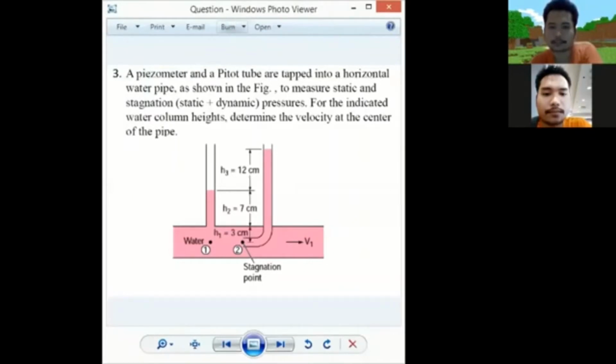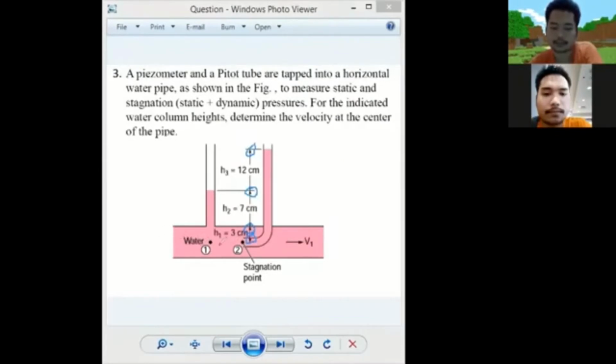center of the pipe. So we have been given 3 heights. We have the height over here in the bottom, 3 centimeter. At the center, we have 7 centimeter, and at the top is 12 centimeter. We have a water flow over here at the right.